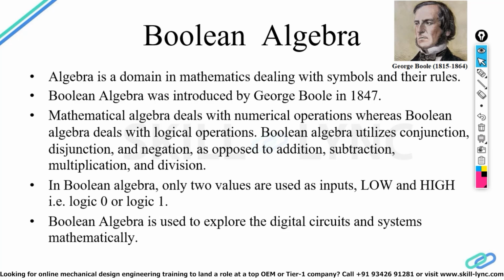Whereas in mathematical algebra, we usually use addition, subtraction, multiplication, division, etc. Only two values are used in Boolean algebra. One is low, the other one is high. As I have told you earlier also, in digital electronics, logic 0 is represented by 0. High, logic 1, pass, success, everything is represented by logic 1, meaning value 1.